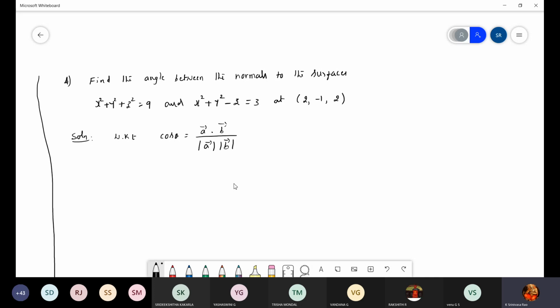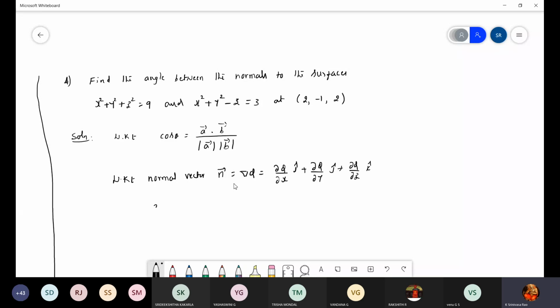We know that the normal vector n equals grad phi, that is dou phi by dou x i cap plus dou phi by dou y j cap plus dou phi by dou z k cap.